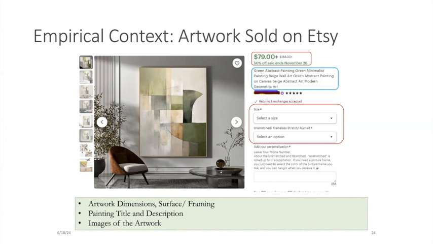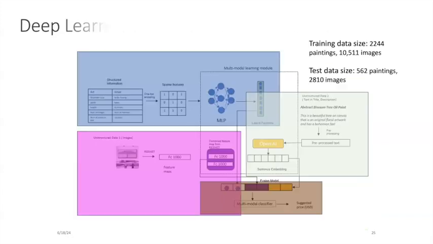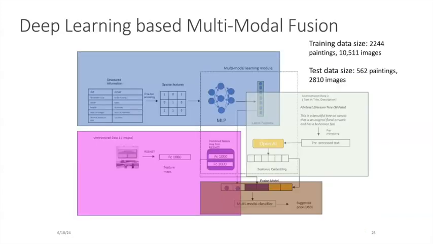We want to use all these different data sources, text, images, structured data, to build a multimodal model that can predict the sold price of artworks on Etsy. So what does our model look like? This is a deep learning based multimodal fusion model.